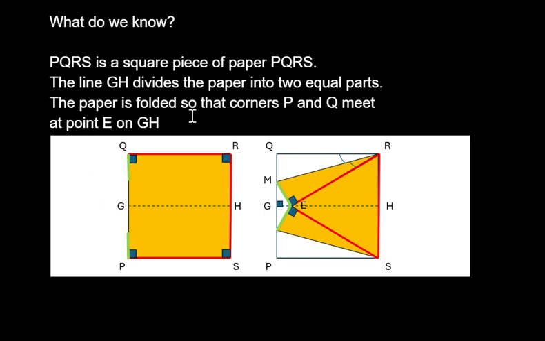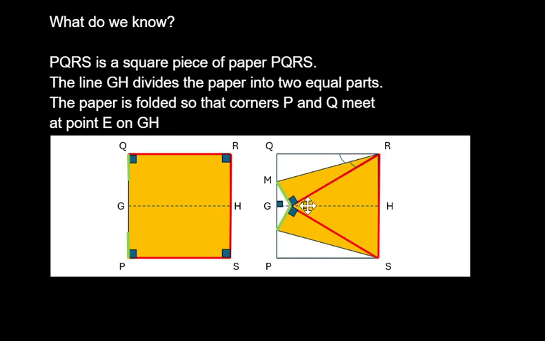Okay. The paper is folded so that corners P and Q meet at the point E on GH. So this corner here is folded inside, so you reach here and touch. For both sides, they touch at point E. From the diagram itself, straight away we realize that if these three lines are the same, when folded, the length of QR doesn't change.